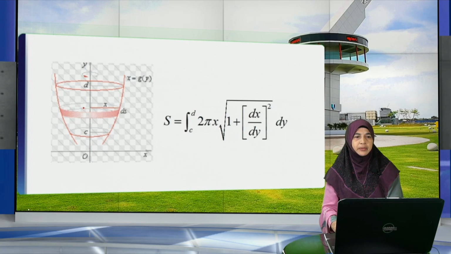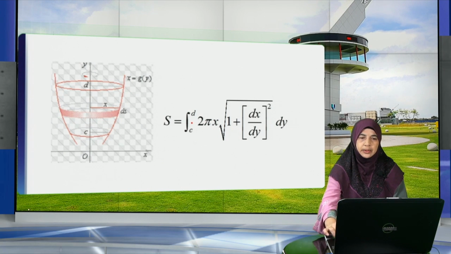Notice that when we subdivide this into small parts here, we have this small strip here, and to find the area of this small strip here, we are actually finding the length of the circumference. We multiply by this ds, so we get that small area of this strip here. So we integrate from C to D.